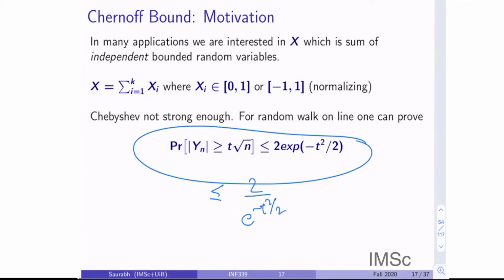So even if I substitute t equal to any small function of n, like say log star n, this is still a function of n, and as n tends to infinity, this will become 0. So we can prove much stronger tail bounds in the kind of situation we are in. Why? Because even in our setting, these xi's are all independent random variables, and they take either -1 or 1. So this is a bounded interval.